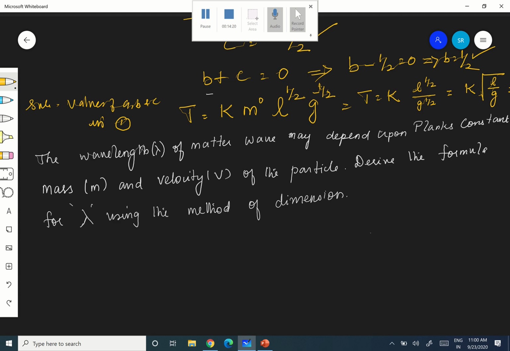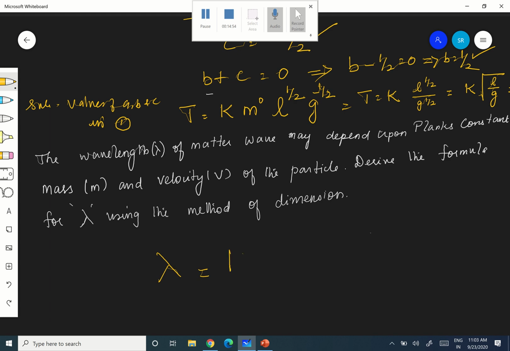Derive the formula for lambda, that is the wavelength, using the method of dimensions. What is asked here is we have to derive the expression for wavelength, lambda.